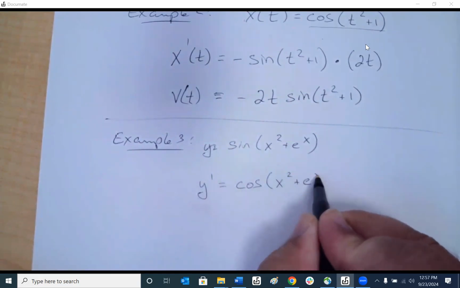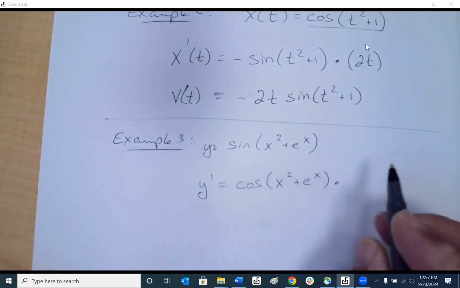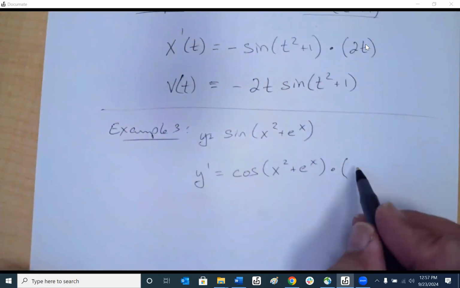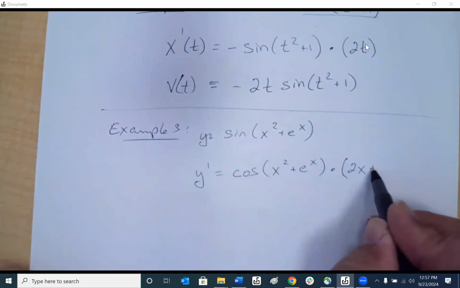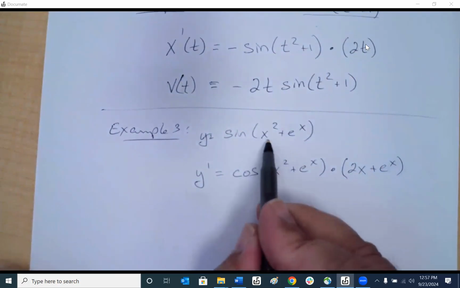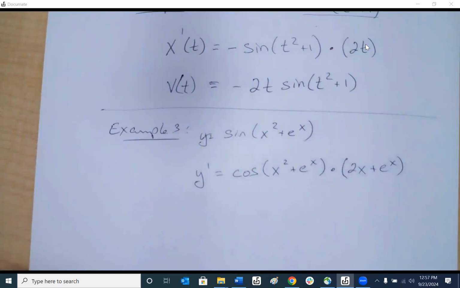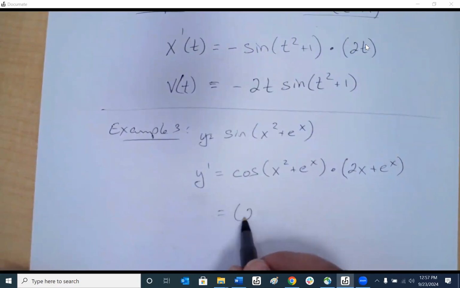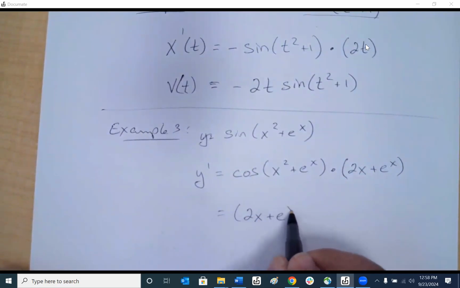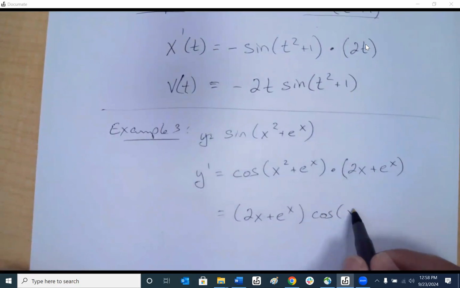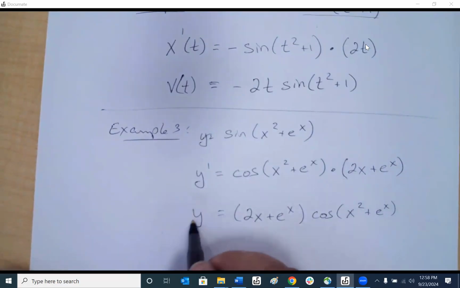Times the derivative of the inside: the derivative of x squared is 2x, the derivative of e to the x is e to the x. And there's your derivative.